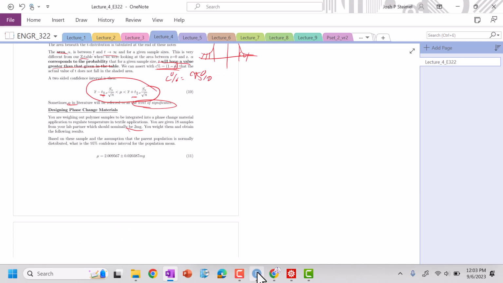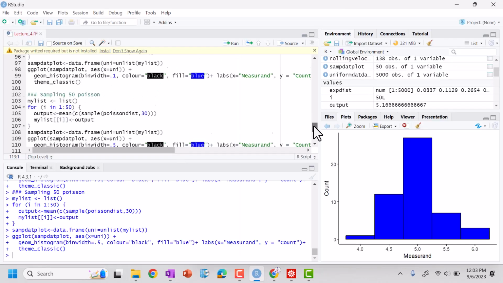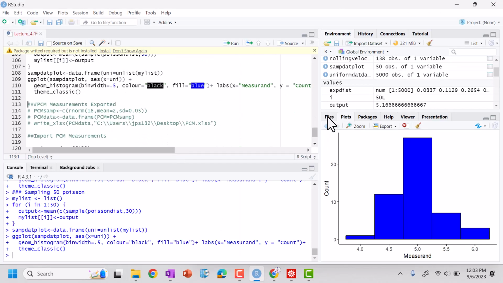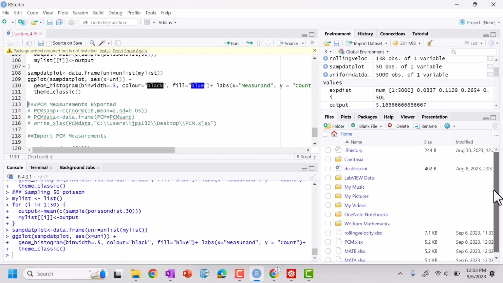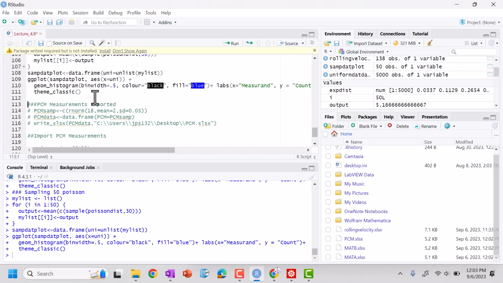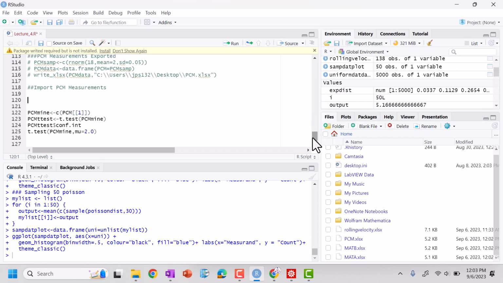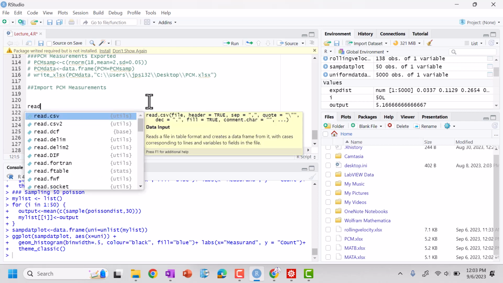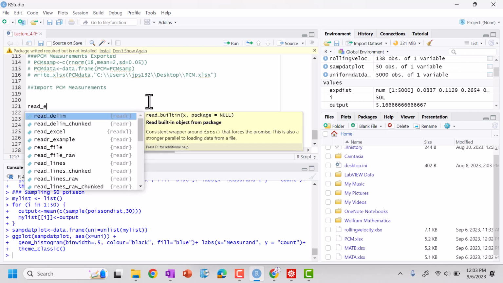So let's go ahead and read in our values. Let's go to our files. Let's see, we have our PCM. Let's go to, I want to do read underscore Excel.